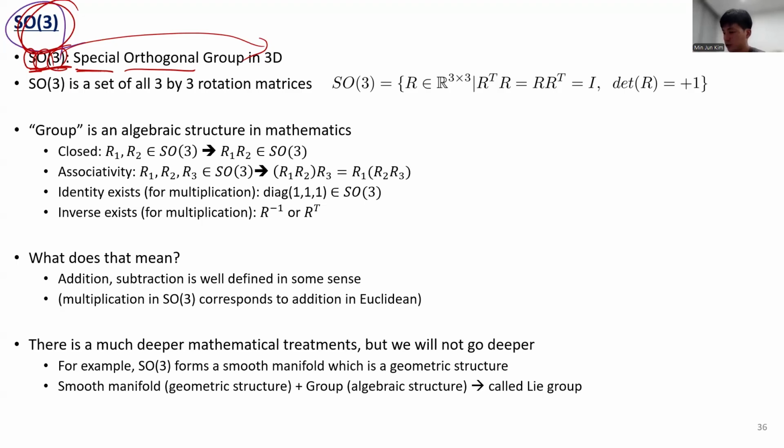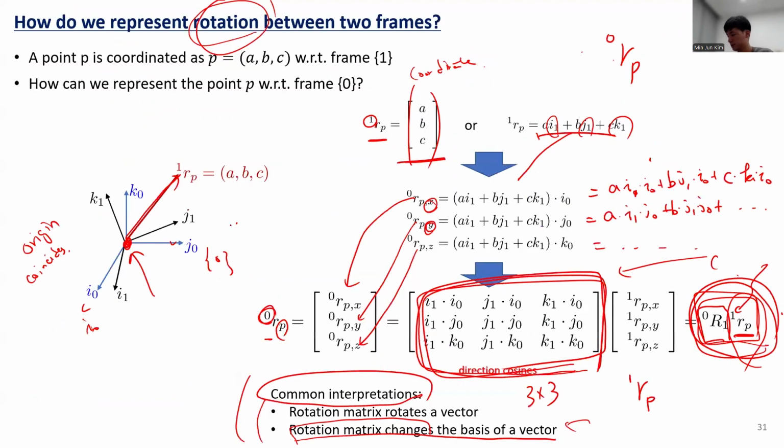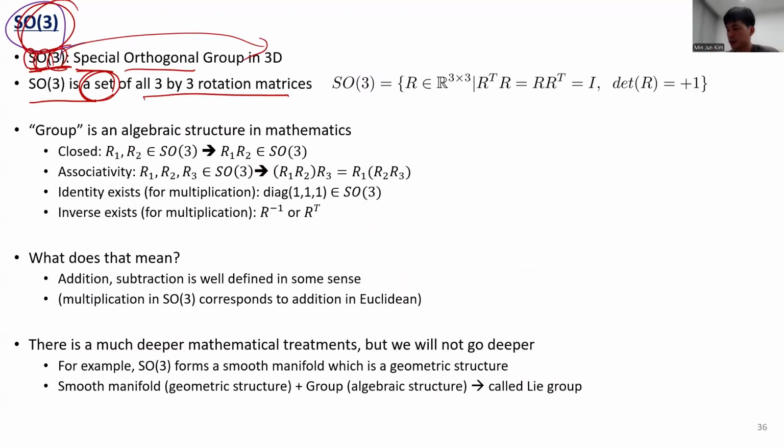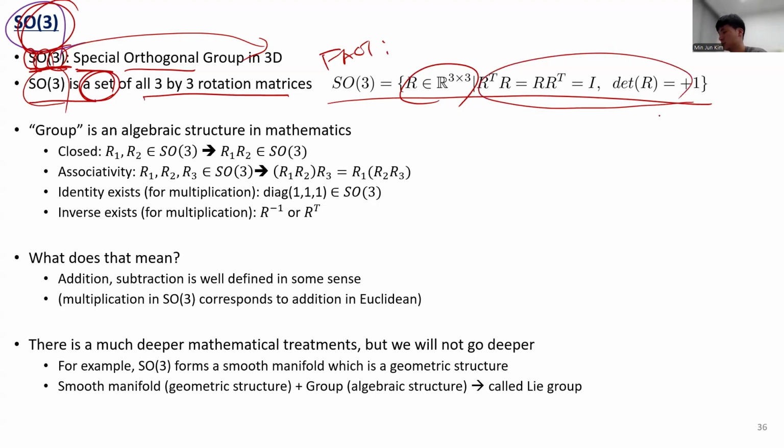And by definition, SO3 is a set, okay? It's the set of all 3x3 rotation matrices. So if you collect every rotation matrix, then that set is SO3, okay? By definition, SO3 is a set of 3x3 matrices such that these conditions are satisfied.